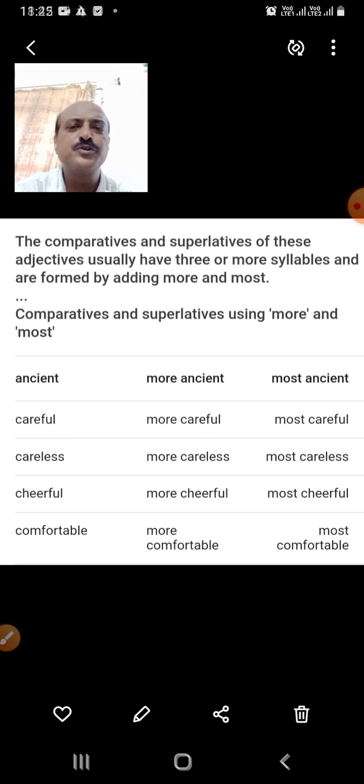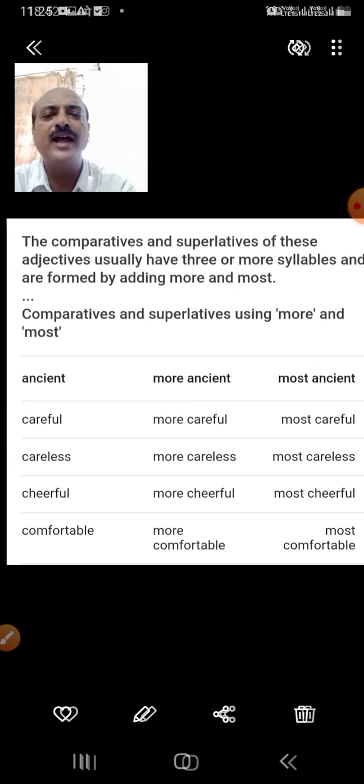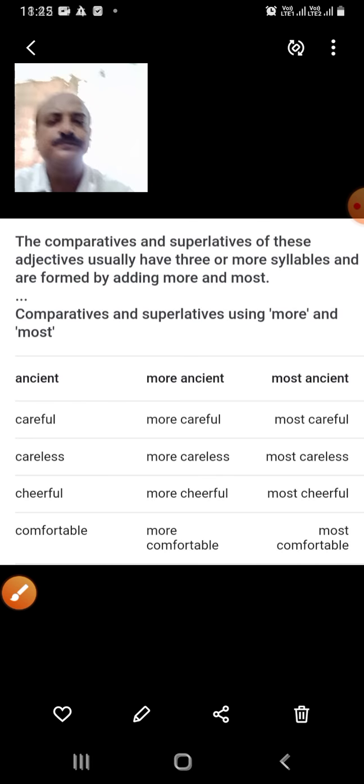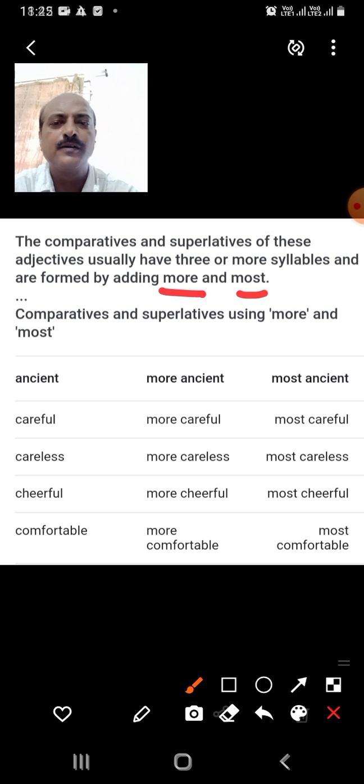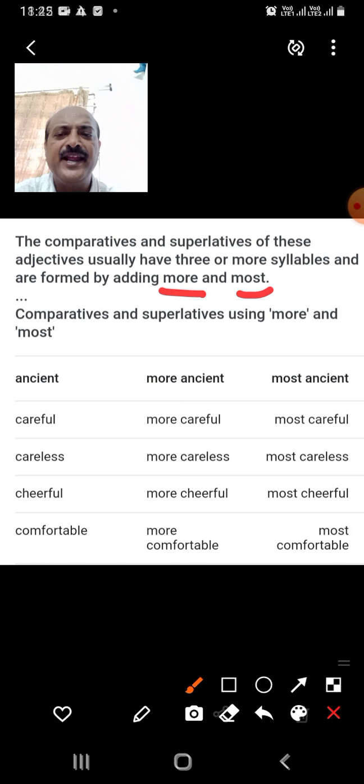The comparatives and superlatives of these adjectives usually have three or more syllables and are formed by adding more and most. Ancient: A, I, E, three vowels, more ancient, most ancient.